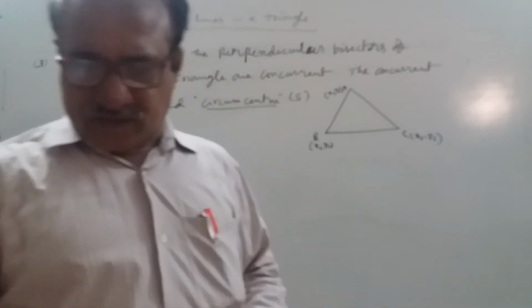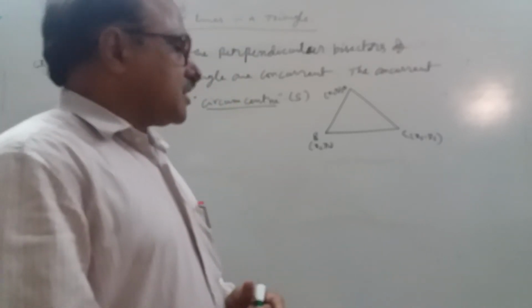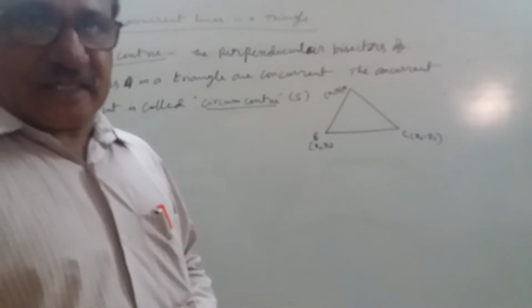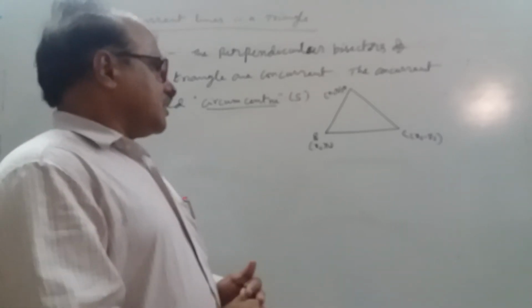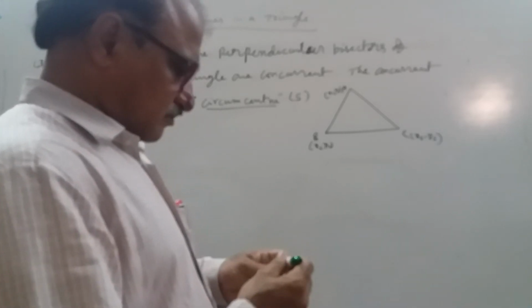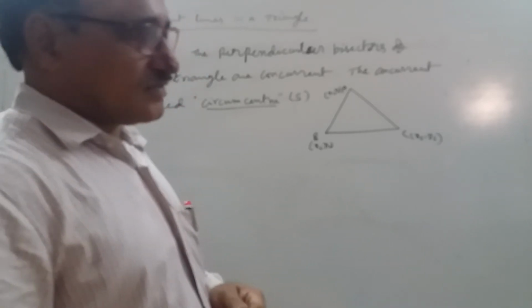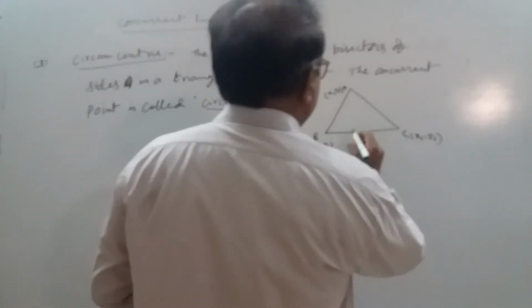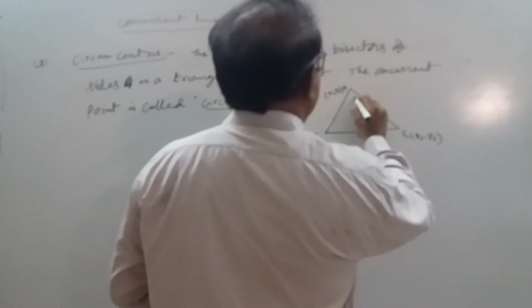The coordinates of A, B, C are (x1, y1), (x2, y2) and (x3, y3) respectively. Then if we draw the perpendicular bisector of BC, it passes through the midpoint of BC.